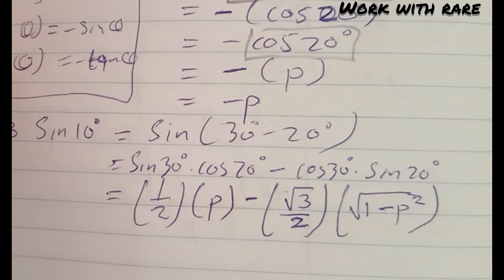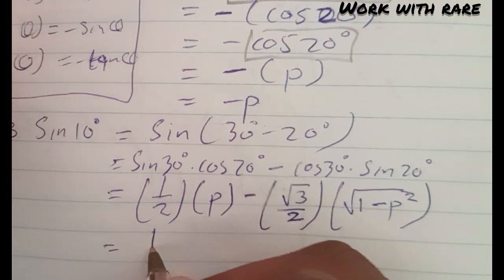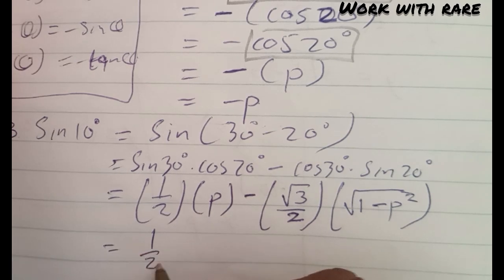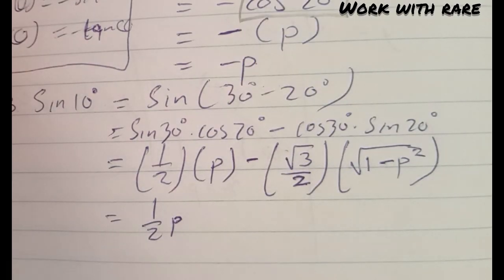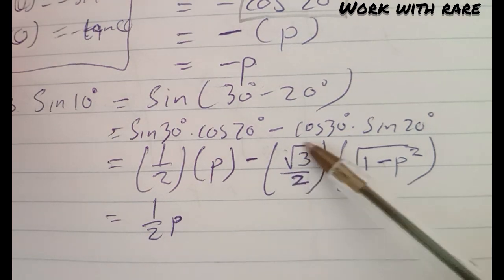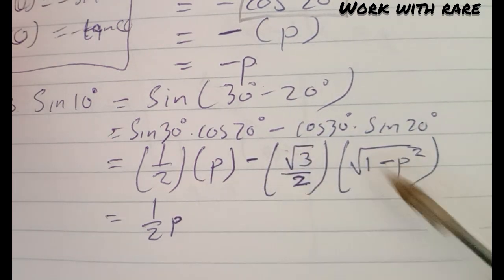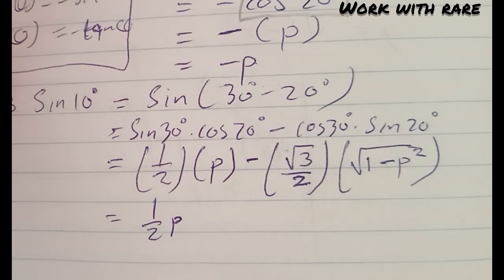So right now I will write 1 over 2P. And even this side, I will have to multiply this bracket with this bracket. Let's see.